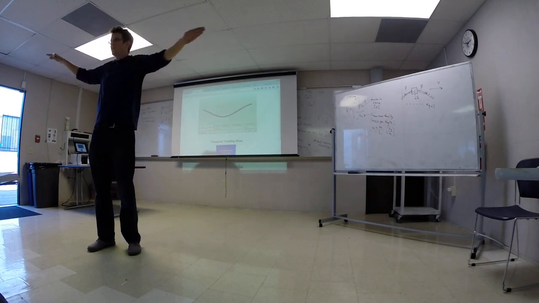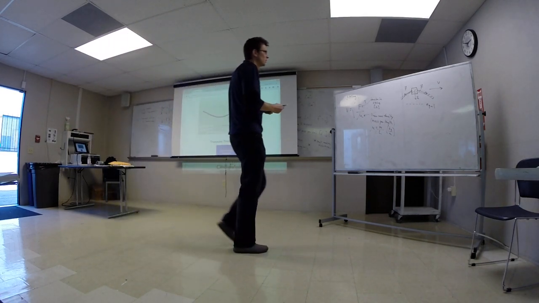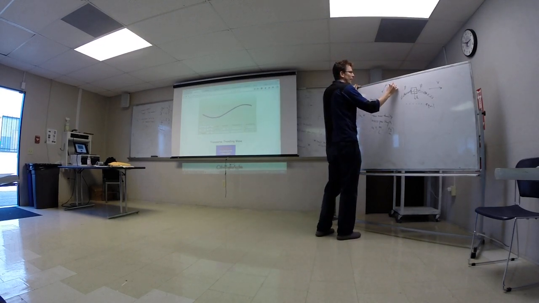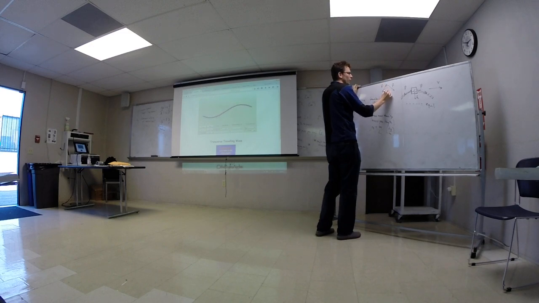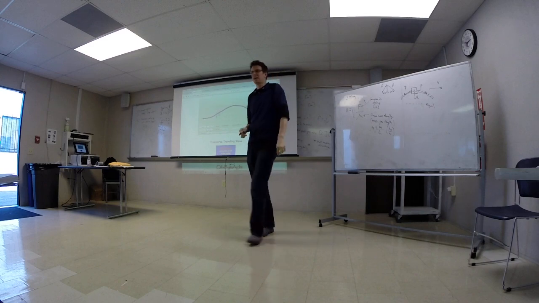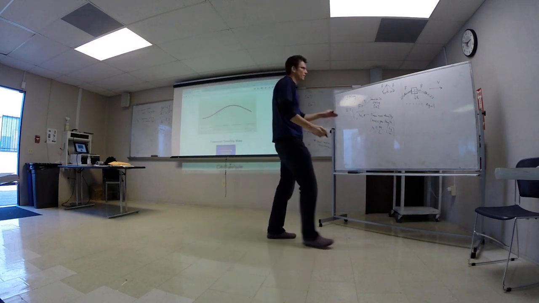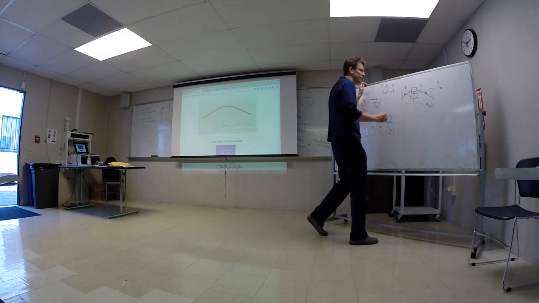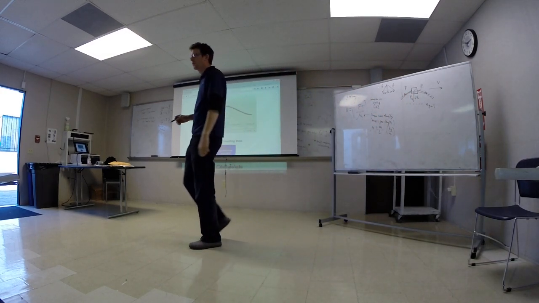So the horizontal parts cancel. So if you have something like this, we're trying to add these two. The horizontal parts cancel and the vertical components add. And so we have that the force will be in this direction. And that's good because that's the direction of the acceleration.